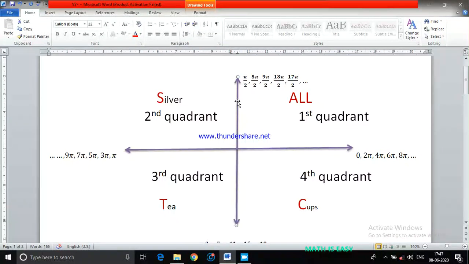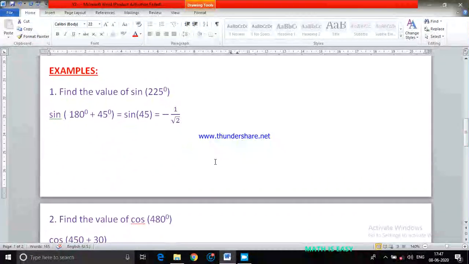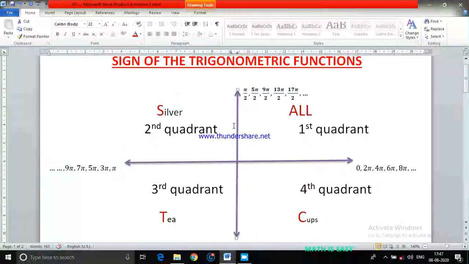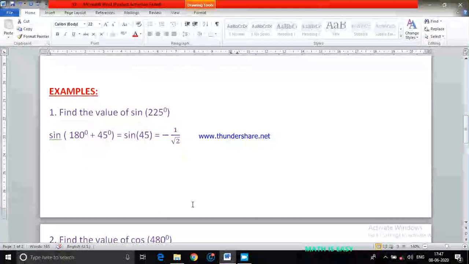So 450 is here, plus 30. Plus 30 means you are entering the second quadrant. So 480 degrees is in the second quadrant and you are crossing the y-axis.